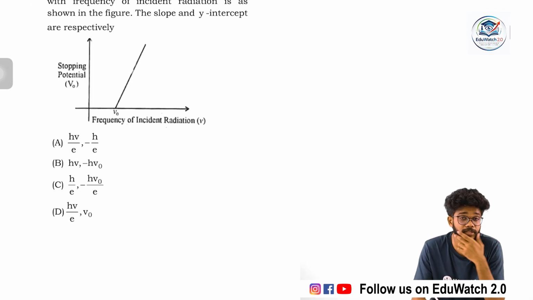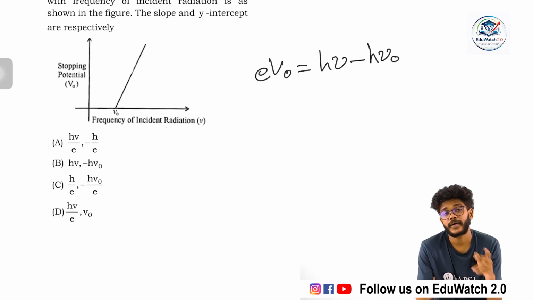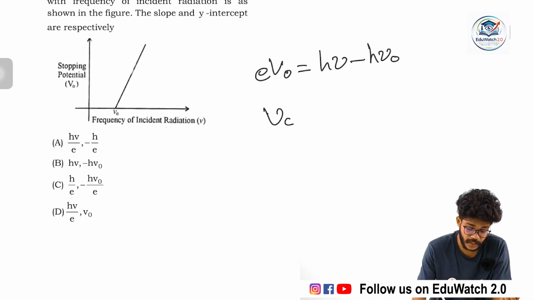From the basic principle of the photoelectric effect by Einstein, the energy eV naught is equal to h nu minus h nu naught. h nu naught is the energy used to emit the photoelectrons, that means the work function. So V naught is equal to h nu by e minus h nu naught by e.